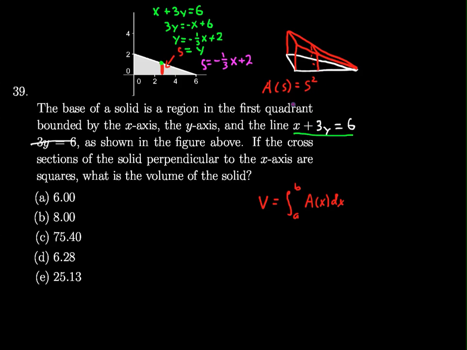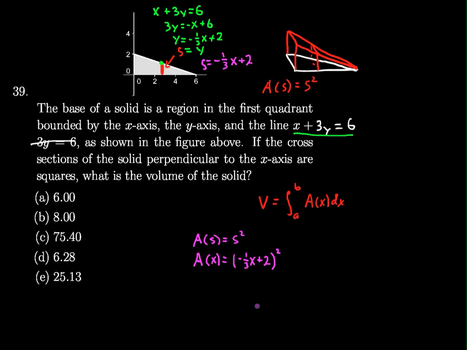My area is S squared. My area with respect to x, now that I know what S equals, is going to be negative 1/3 x plus 2, squared.